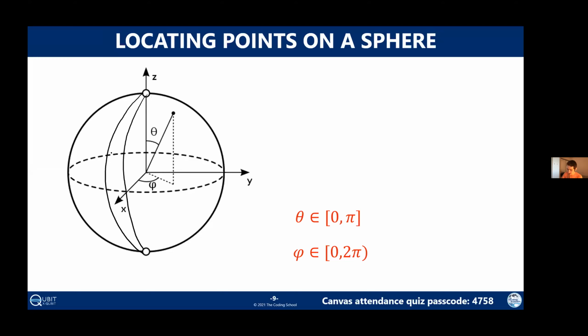So this entire slice would have the same phi value or similar phi values, right? But the way you select where you are on this slice, if you're close to the equator, if you're close to the North Pole, close to the South Pole, that is going to be theta. So that's the way that I like to visualize this: you have a slice that you're moving around the sphere, and then theta selects where you are inside that slice.